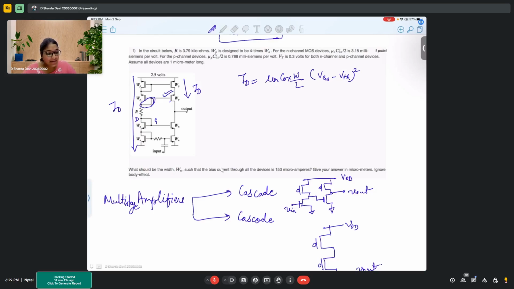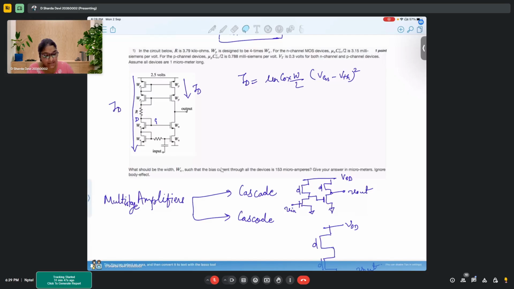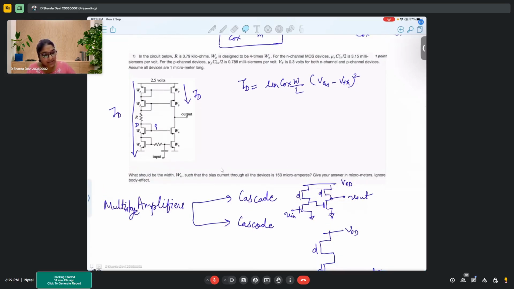If their width and length are same, like W and L of both the transistors are same, then the same current will flow through the other transistor also. This is known as mirroring configuration or mirror circuits. But if you change these parameters of W by L, then things will change, as we will look ahead in this particular session itself.